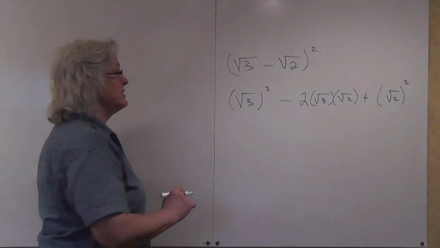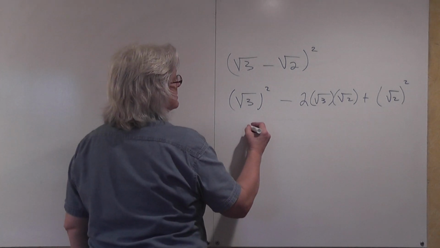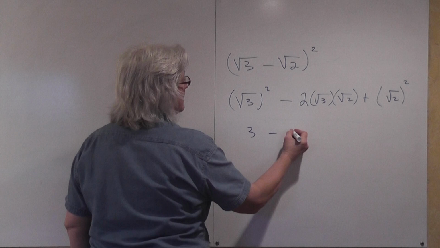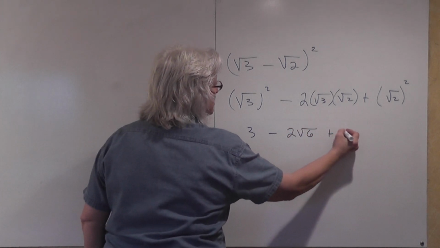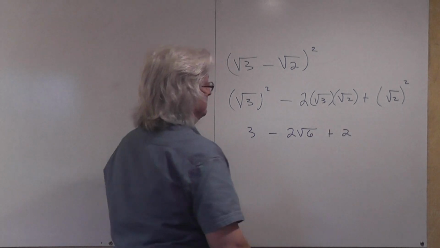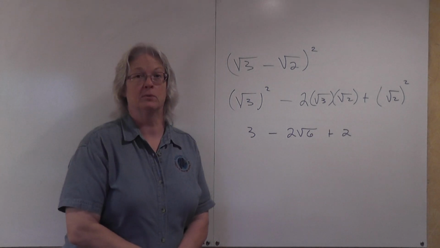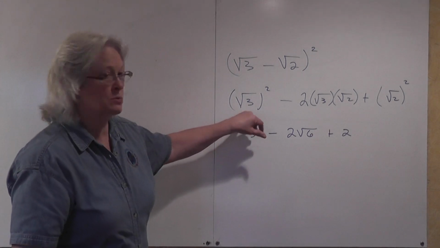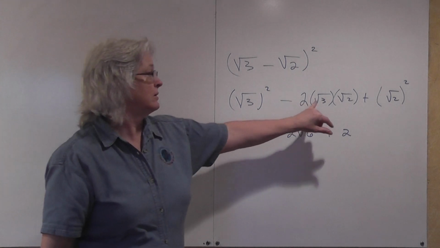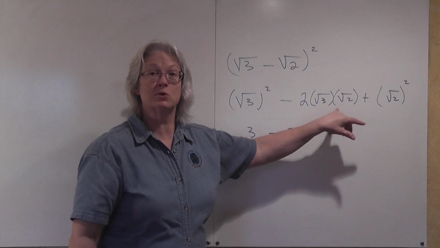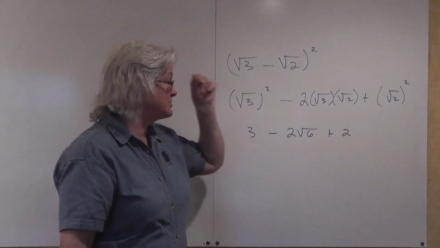Square root of 3 squared is 3 minus 2 times the square root of 6 plus 2. Do you see what I've done there? Square root of 3 times the square root of 3 is 3. There are no perfect squares underneath these radical symbols here.